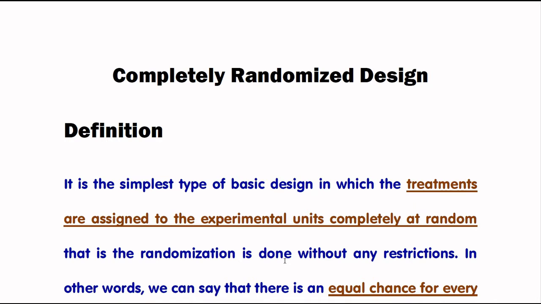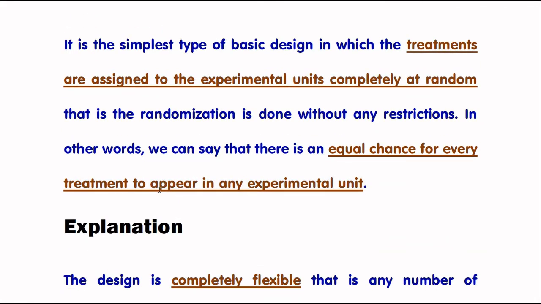In other words, when we perform randomization on the experimental units, there are no restrictions such as applying treatments within row or within column. We can apply treatments completely at random to the whole data set or experimental units. So we can say that there is an equal chance for every treatment to appear in any experimental unit.